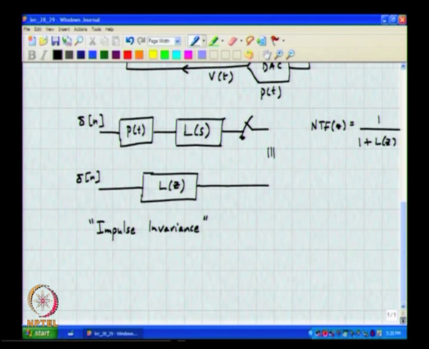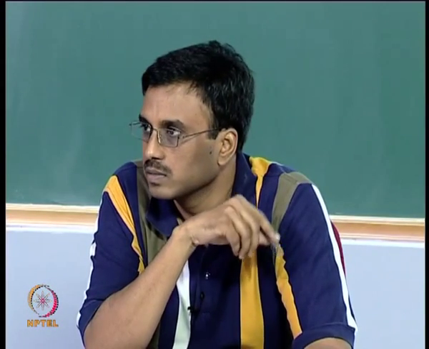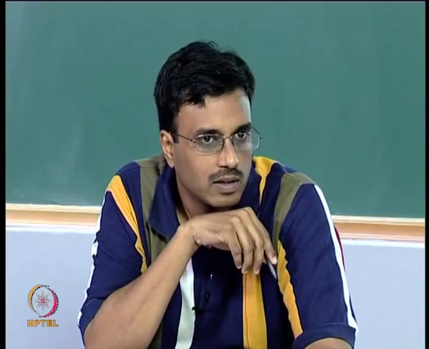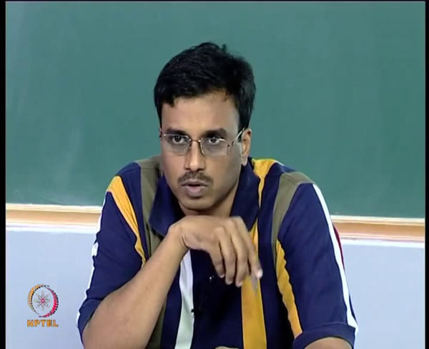You must have seen this in your DSP classes, right. So, the job at hand is to figure out, given L of z and P of t, what is L of s which enables these two sequences to be identical when excited by an impulse, a discrete time impulse, mind you, at the input.